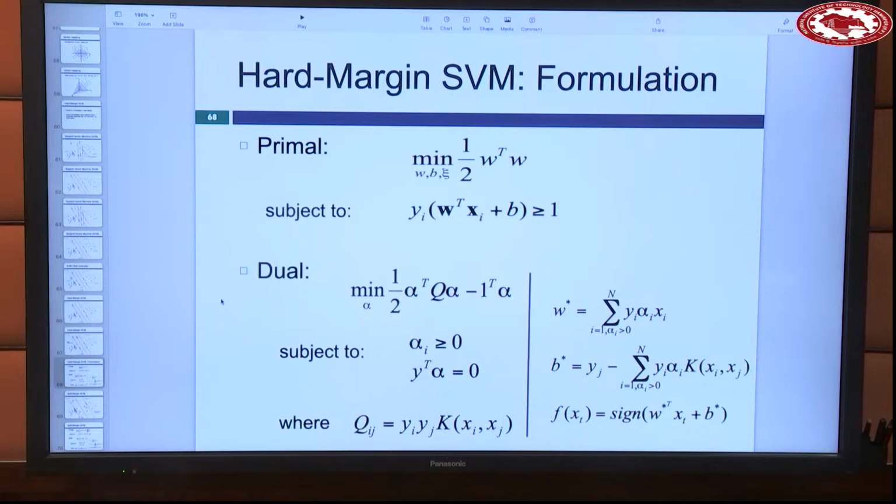So xi is now mapped to a higher dimension. Then you have to optimize this primal formulation in that escalated dimension. Then whatever model you have trained as a linear model there, you come back to the original space and then do the prediction.